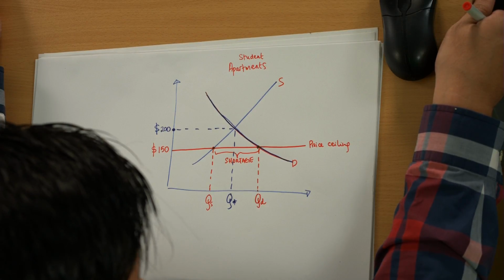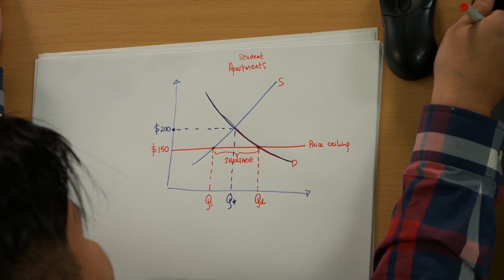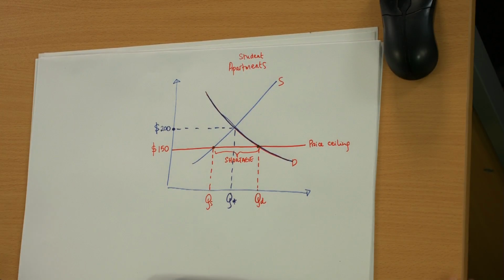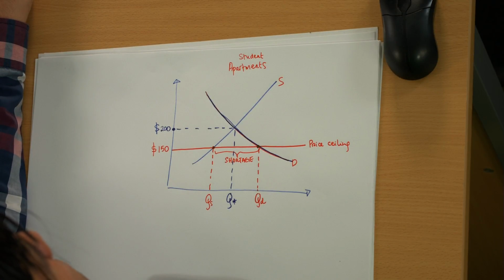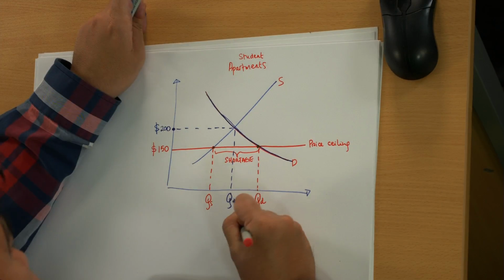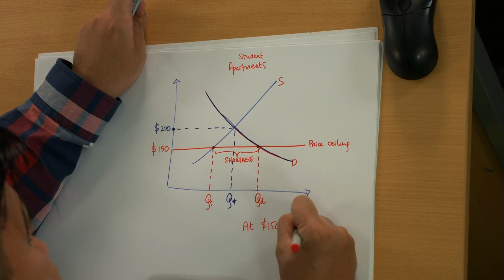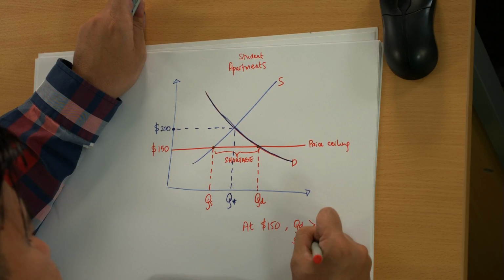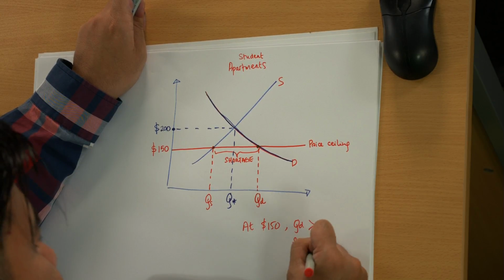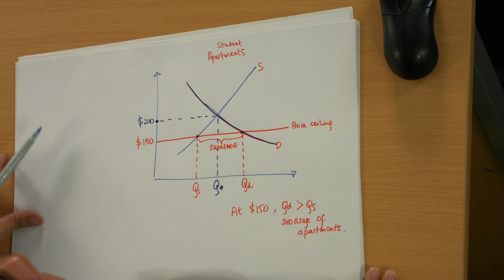But there will be some students that cannot find an apartment at that ceiling price. At $150, QD is more than QS. We've got a shortage of apartments.